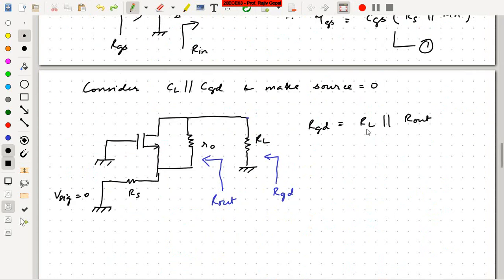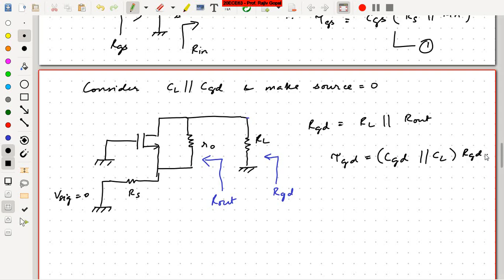Alright, so RGD is RL parallel R out, and tau GD is CGD parallel CL into RGD. Okay, this is what you get.